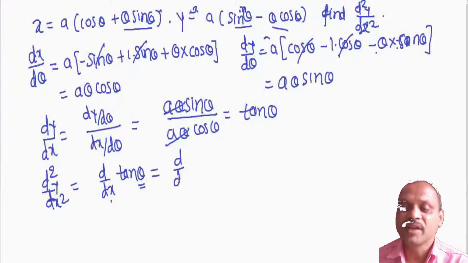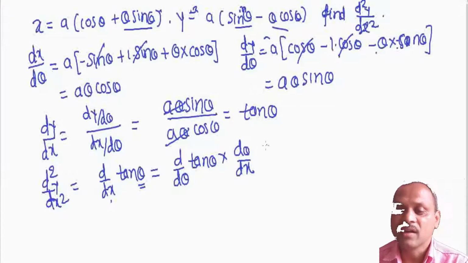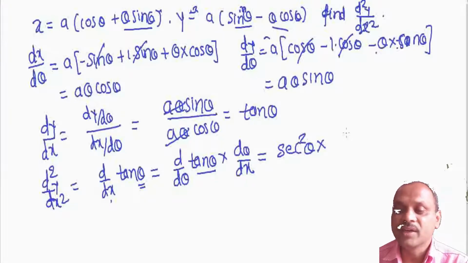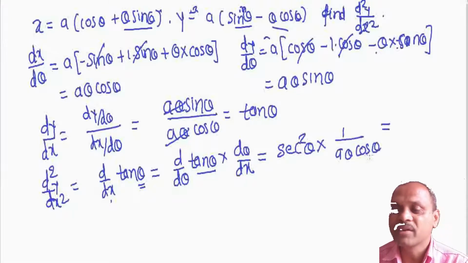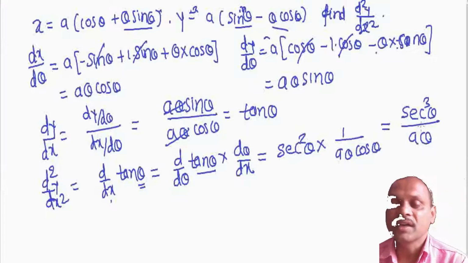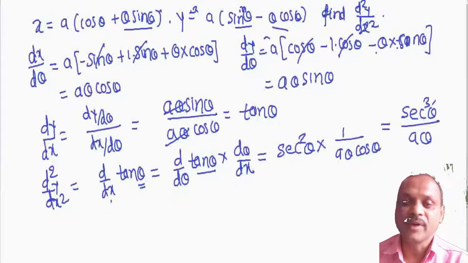So we change the variable: d by d theta of tan theta into d theta divided by dx. The derivative of tan theta is sec square theta into d theta by dx. We have dx by d theta as a theta into cos theta, so d theta by dx is 1 divided by a theta into cos theta. Again 1 by cos theta is sec theta. So here sec cube theta divided by a theta is the second derivative d2y by dx square.